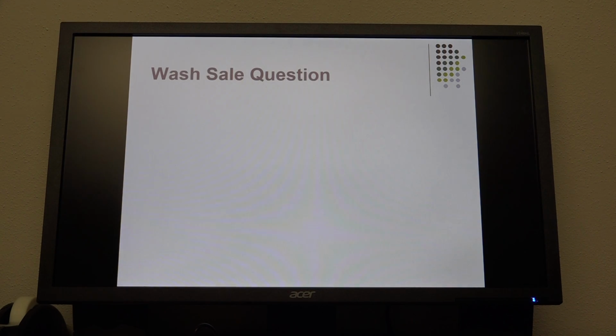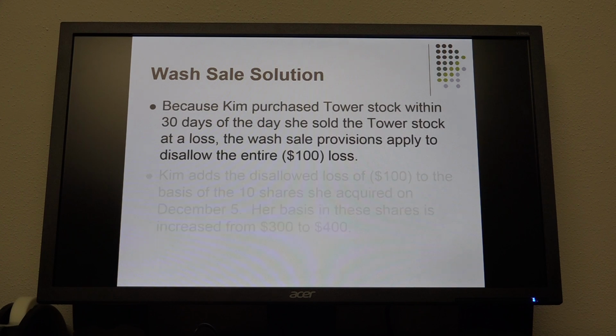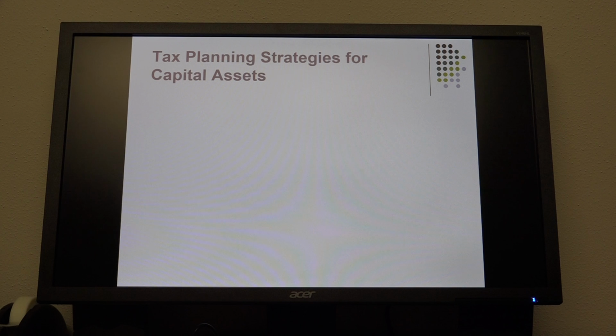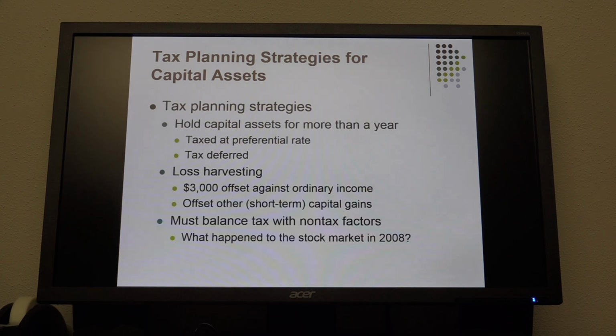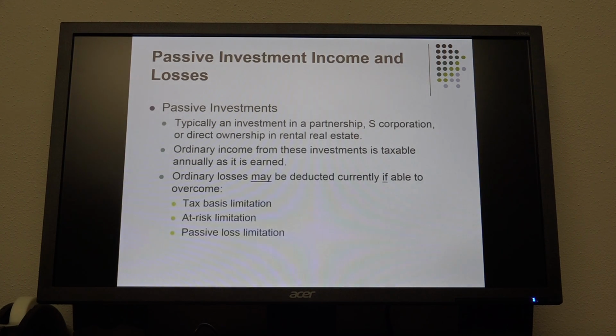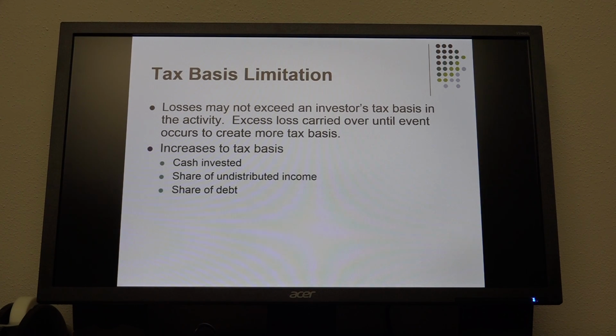All right, so we're not going to really cover wash sales or related parties, and we're not really going to be involved with investment expenses either.